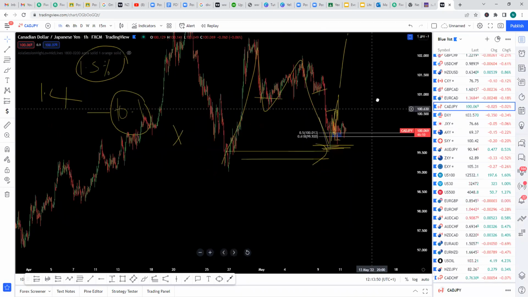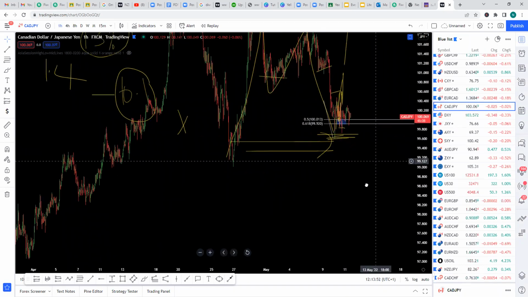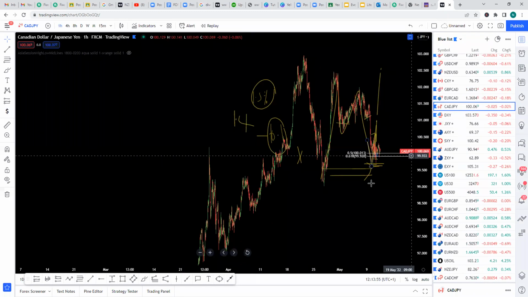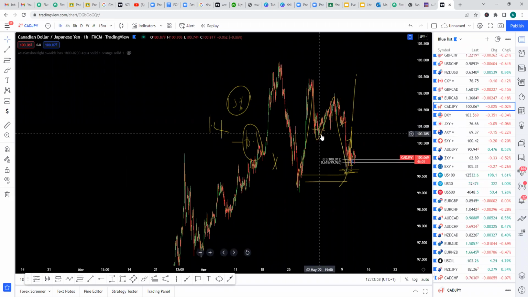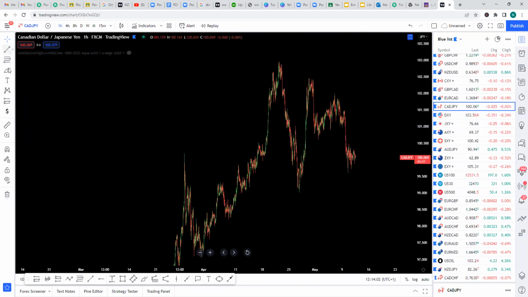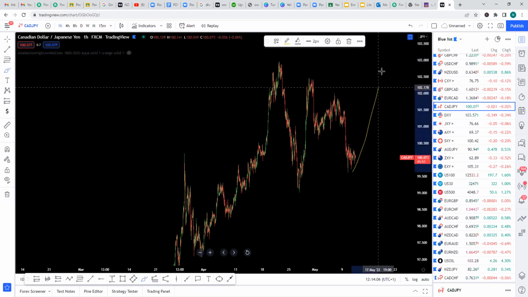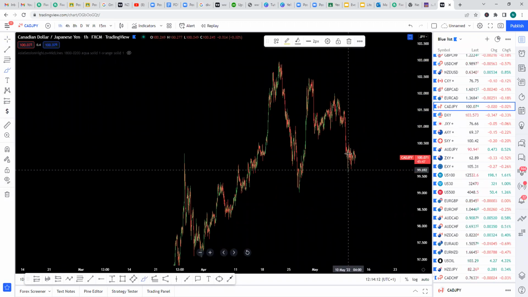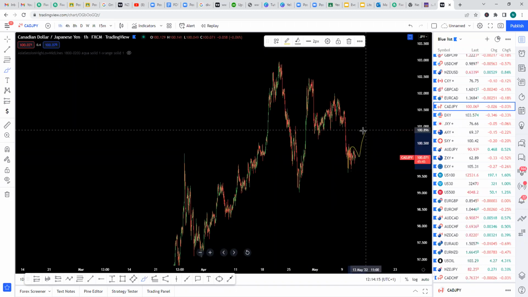I don't need to do the analysis again. I've done it before, but there is a YouTube video right now specifically on CAD JPY. Theoretically, CAD JPY is due for this move. The worst that can happen is that CAD JPY will make this small move here.